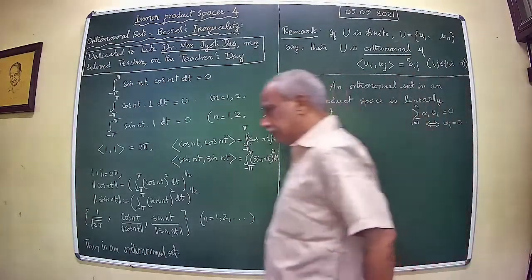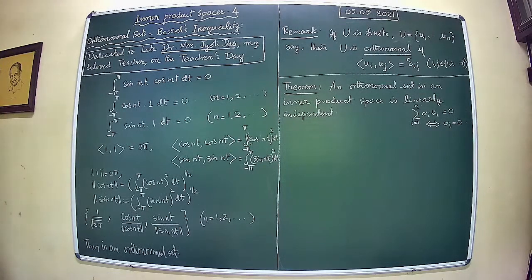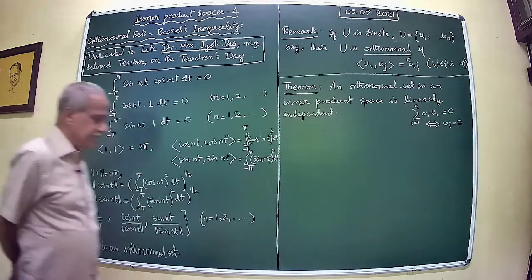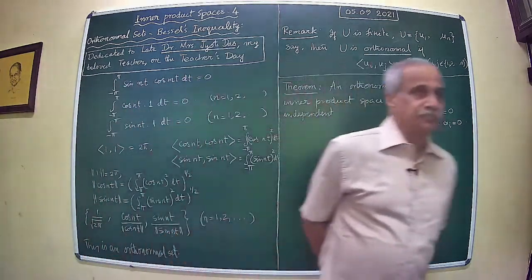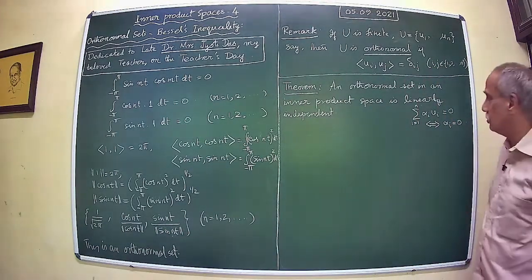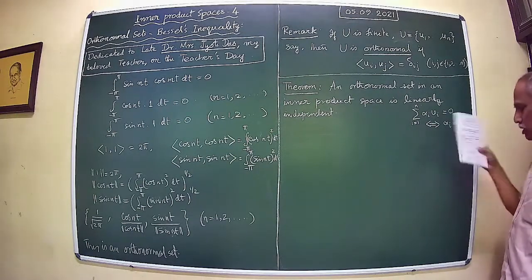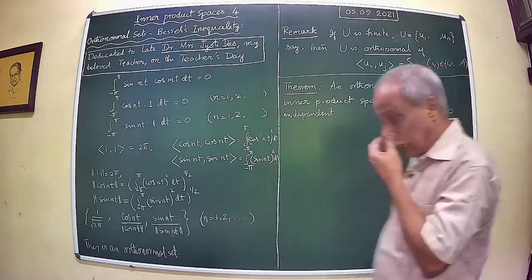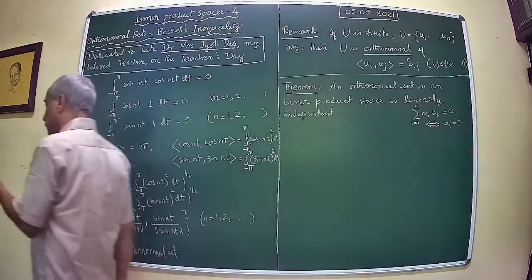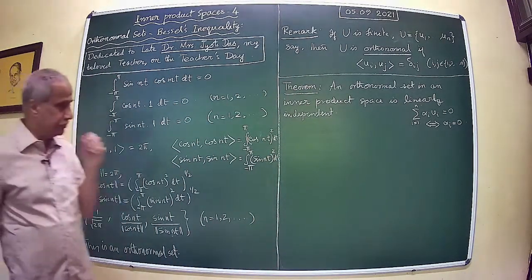Now, what does it mean to say that an infinite set is linearly independent? This should be very clear because this sum has a meaning in the context of the linear space structure only if it's a finite sum.